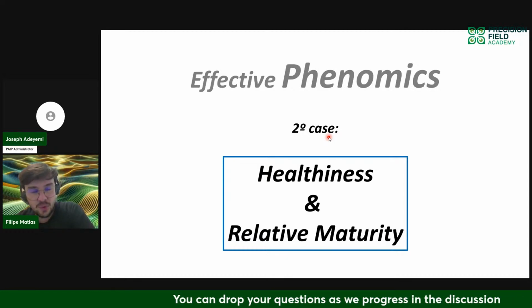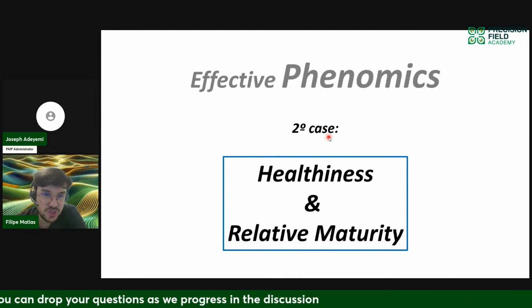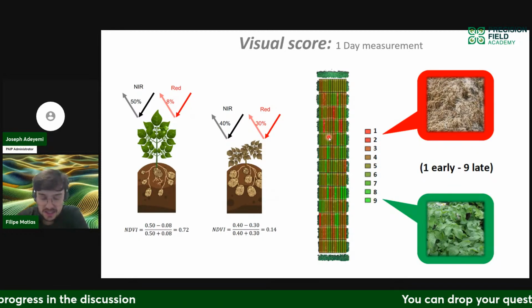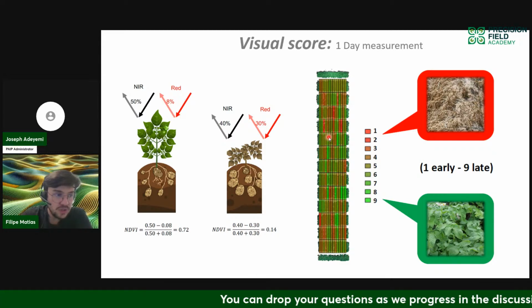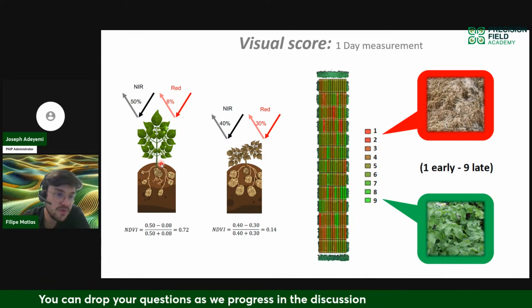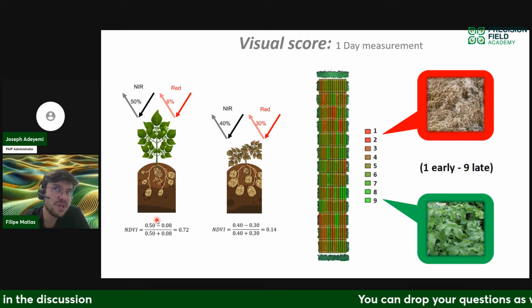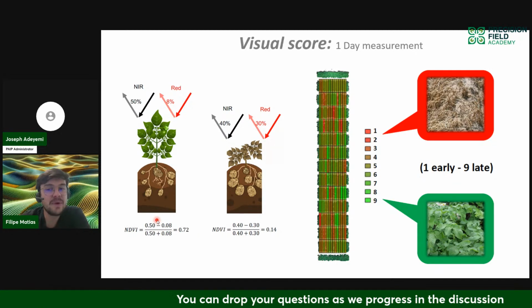Another important application is to talk about healthiness or relative maturity. For instance, the most used phenomics trait is what we call vegetation indices. Here's one example, NDVI, where the vegetation index basically is an equation or a formula that has a biological meaning.